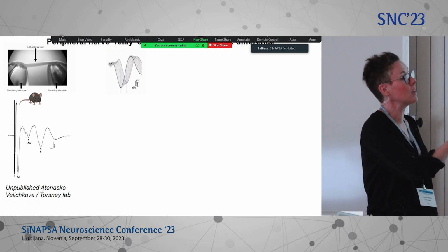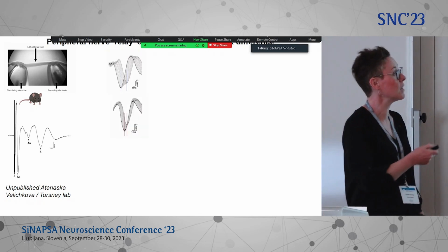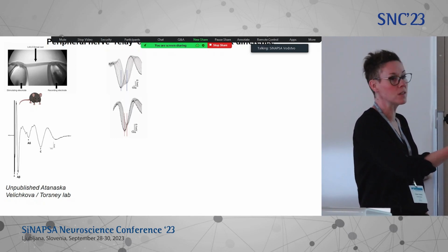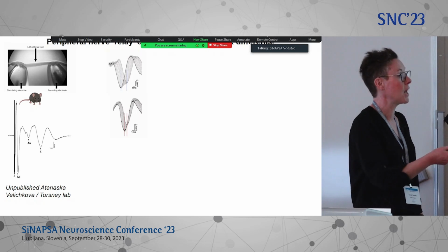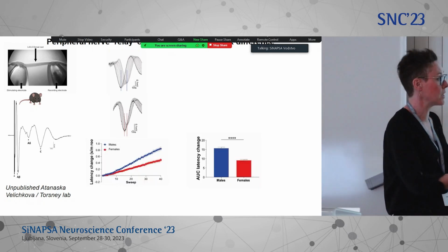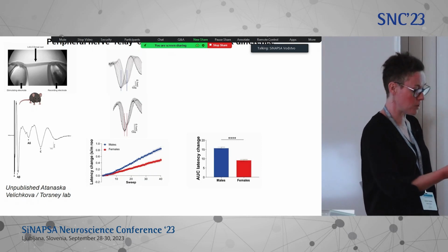And this example here actually is an example from a male subject, and here is an example from a female subject. And you can see that that shift, that break is less, and that is quantified here. There's less of a shift in the female subjects.